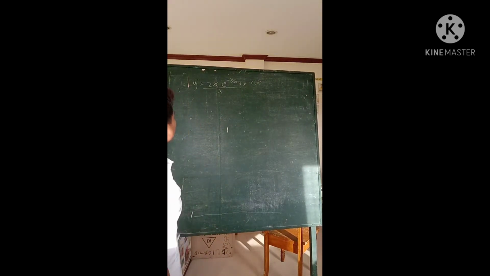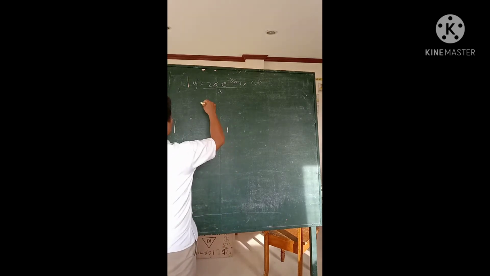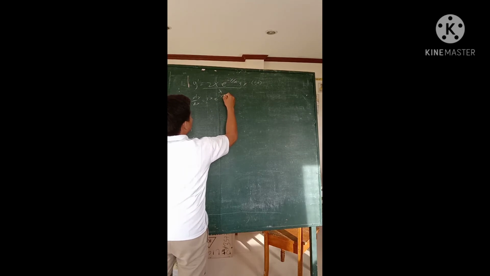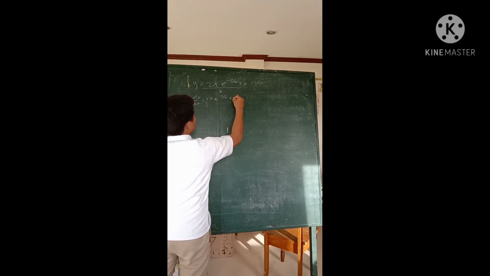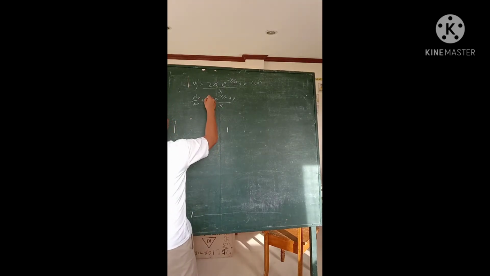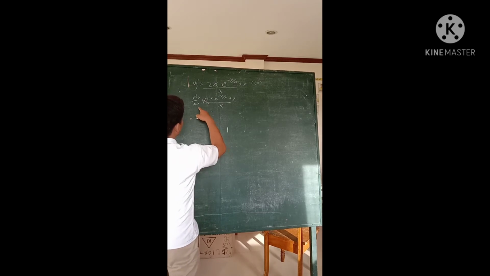Since the problem is given, we are going to change the y prime into dy over dx. So dy over dx equals 2x e to the negative y over x plus y over x. So we need to cross multiply.